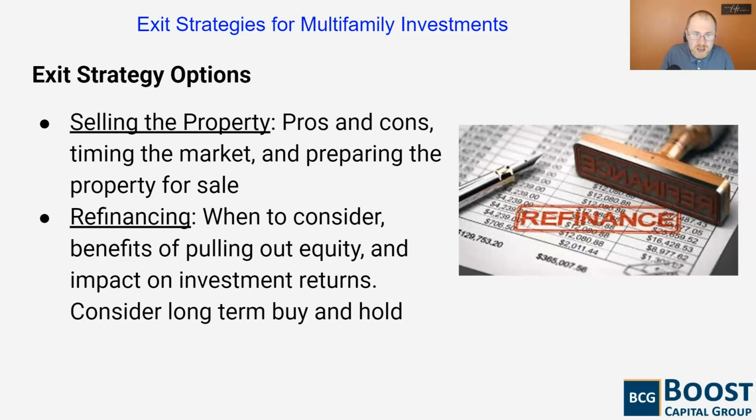Now, I think timing the market is maybe not the right terminology. It's more about selling at the right time. Timing the market was before, when you're forecasting and making projections. But now you want to sell at the right time. Let's say you have increased the cap rate for exit, and now the market is such that cap rates are really higher and you cannot achieve your returns, maybe you want to hold on a little longer.